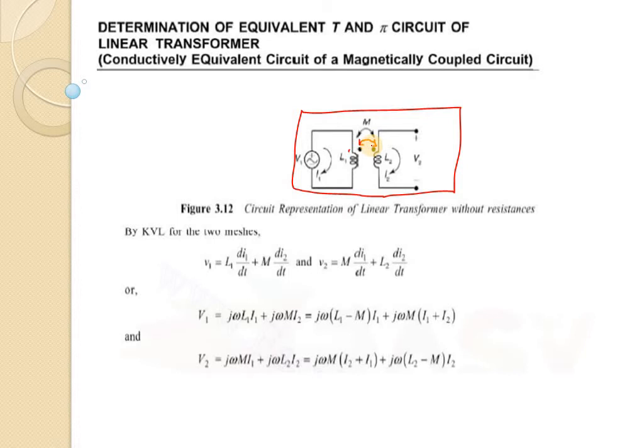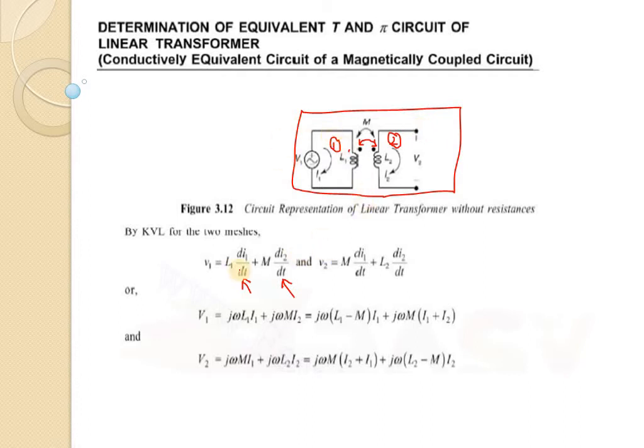So we are applying KVL to the two meshes. The first mesh is this one, number 1 mesh, and this one is the second. Applying KVL in the first mesh, we get L di1/dt, that is the self-induced EMF, plus M di2/dt, the mutually induced EMF due to the current I2 flowing through the adjacent coil.